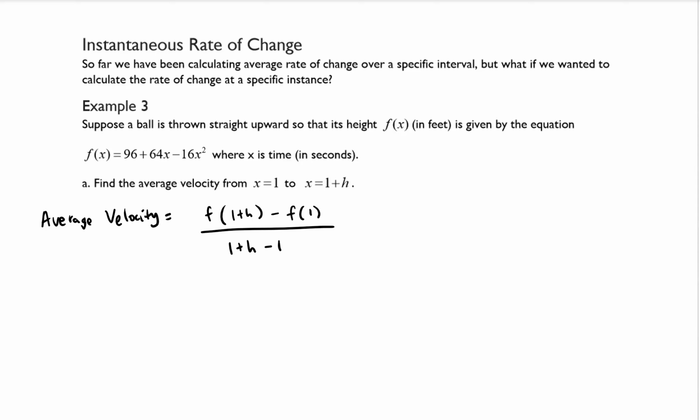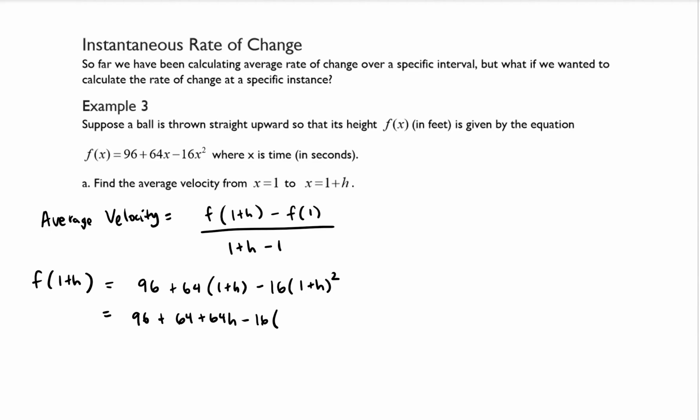So let's calculate f of 1 plus h. That's equal to 96 plus 64 times 1 plus h minus 16 times 1 plus h squared. So we have 96 plus, if I distribute that 64, we get 64 plus 64h minus 16 times, and then I want to multiply 1 plus h times 1 plus h. That will give us 1 plus 2h plus h squared.